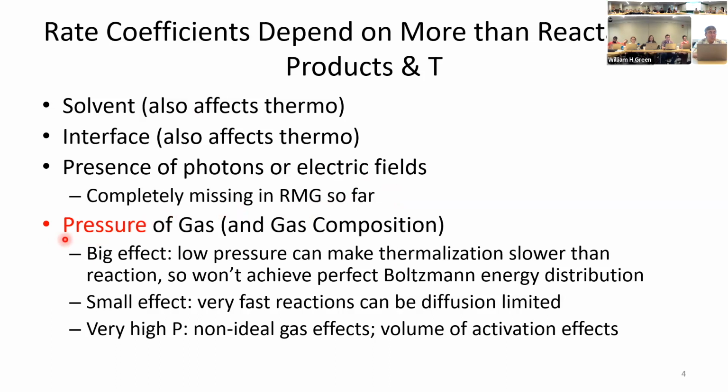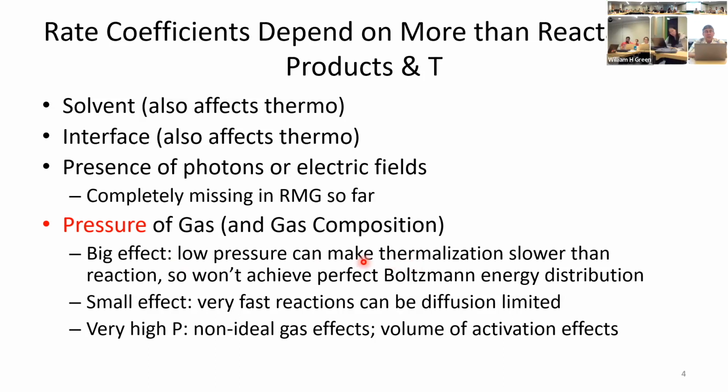But a very important thing for the kinds of systems that RMG is used for, like pyrolysis and combustion systems or atmospheric chemistry, is that it depends on the pressure of the gas, and actually also on the gas composition. And there are several different effects. The big effect that we're going to talk about the most is that if you're at low pressure, the thermalization rate slows down because there are fewer collisions to carry thermal energy around inside the system.